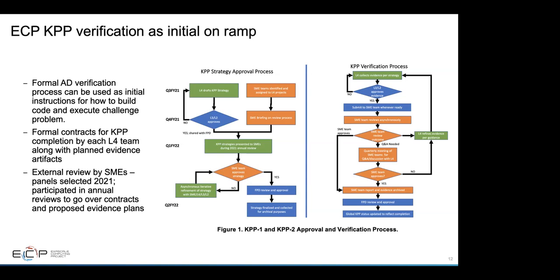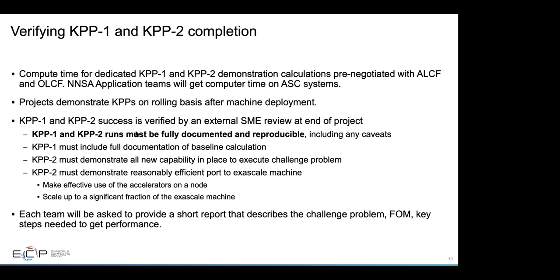So if you just look at the highlighted sub-bullet of the third bullet, the KPP1 and KPP2 runs, those are the formal project verification runs at the end of the projects, and they have to be fully documented and reproducible, including any caveats. So in addition to a portal to all of the applications that have been built in ECP, we have a very clear contract and set of rules for anybody to be able to take the code and reproduce the flagship challenge problem that was done as the capstone accomplishment of the project.